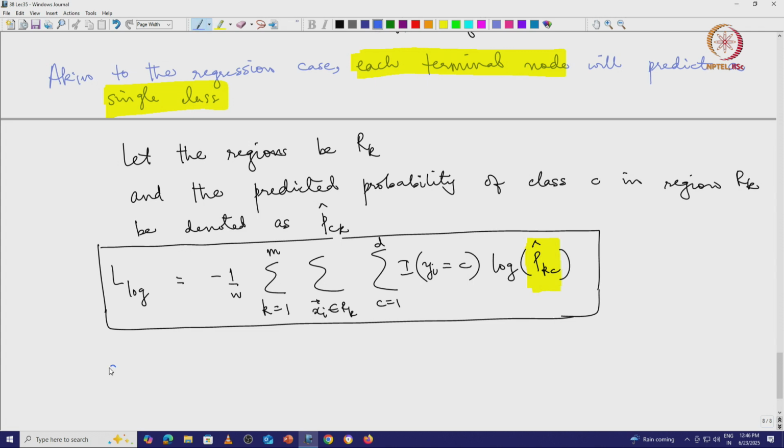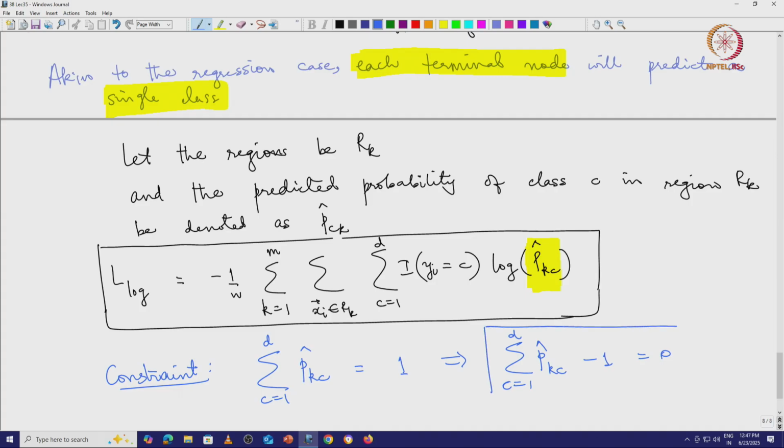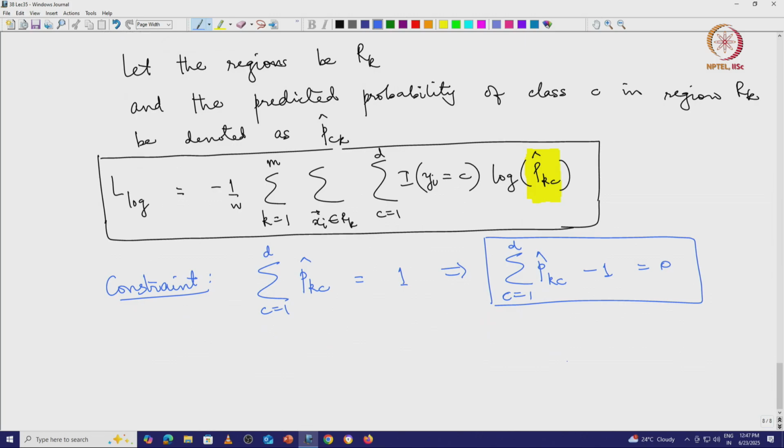So, there is a constraint, these probabilities are not independent, and the constraint is that if you summed over all the classes c equal to 1 to D in a particular node, p hat kc should obviously be equal to 1, because that is the total probability of finding any of the D classes, and this you can write as sum c equals 1 to D p hat kc minus 1 equals 0. Okay. So that is the constraint that we have, and now we can try to minimize the loss function.